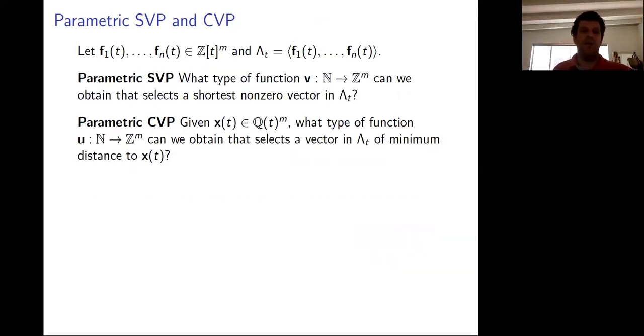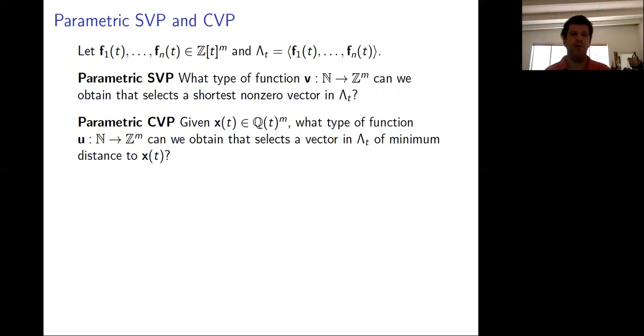I'm going to go a different direction, which is something that John and Kevin and I have been thinking about in various contexts. We're going to parameterize the problem. We're going to have a family of lattices, one for each natural number t. The way we do this is that we take the generators to have coordinates being polynomials in t.